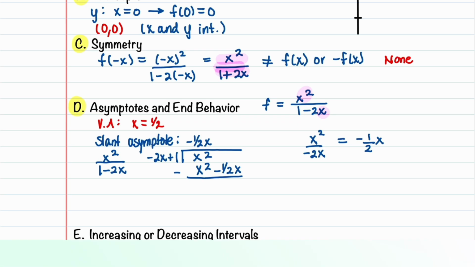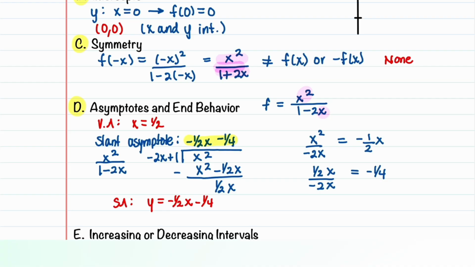Then we subtract, so we get a 1/2 x left. And then we have 1/2 x divided by minus 2x. That is minus 1/4. So we put that up top. And there's our answer. That wasn't too bad. So we can write down that our slant asymptote is y is equal to minus 1/2 x minus 1/4.